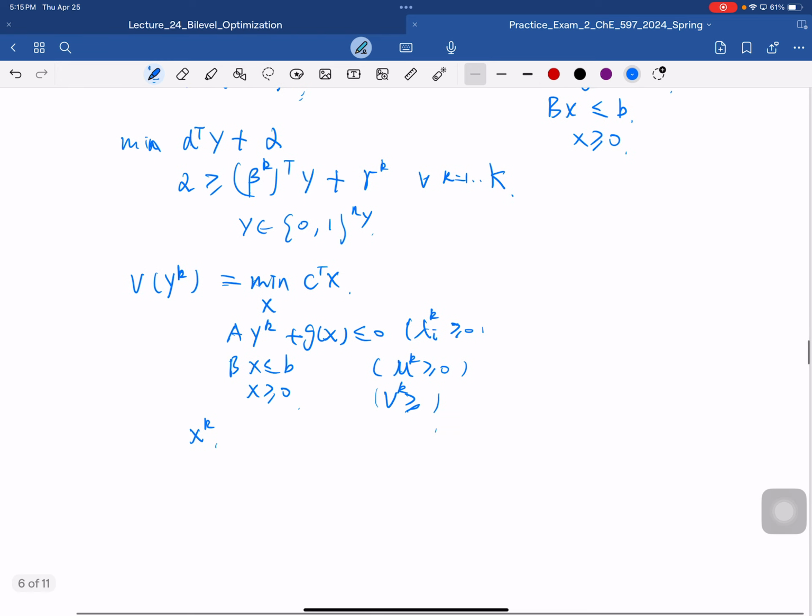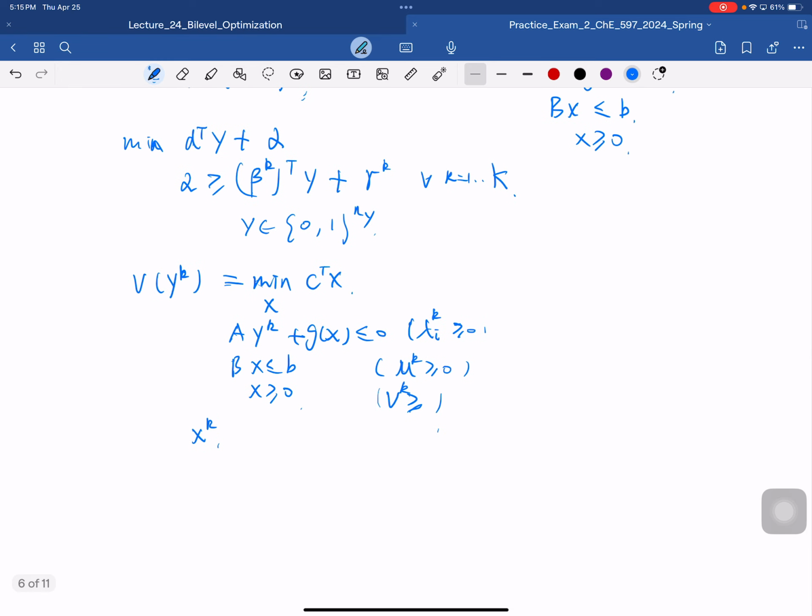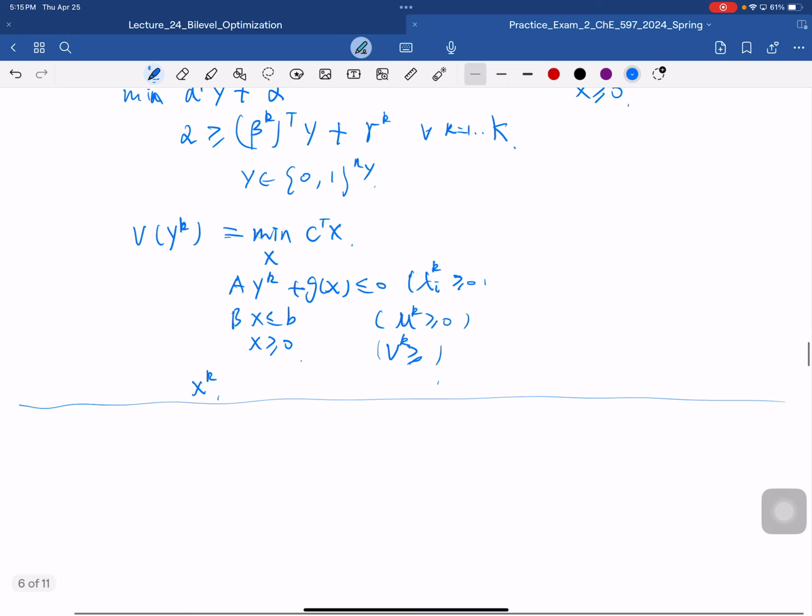And then with that, we know that the primal and dual solution of this nonlinear programming problem, supposing g of x is a convex function, must satisfy the KKT conditions, right? So how does the KKT condition look? First of all, let's just write down the stationarity condition.